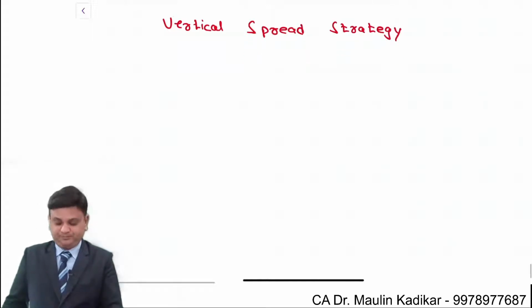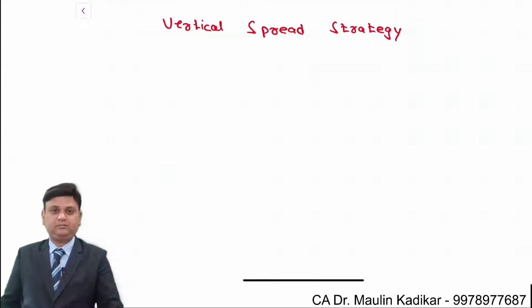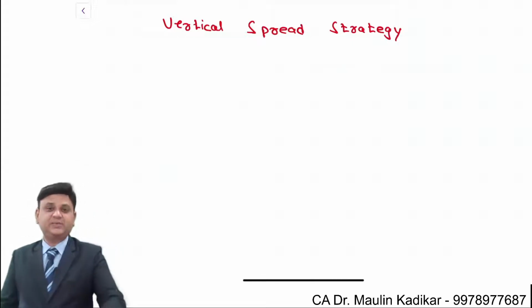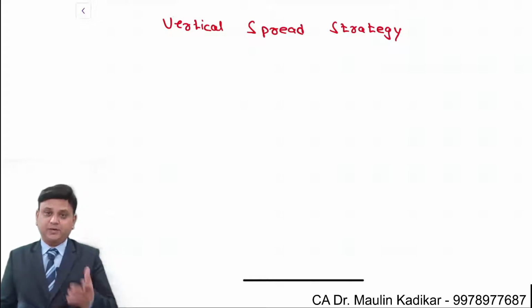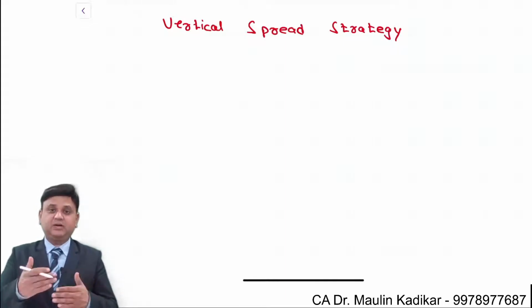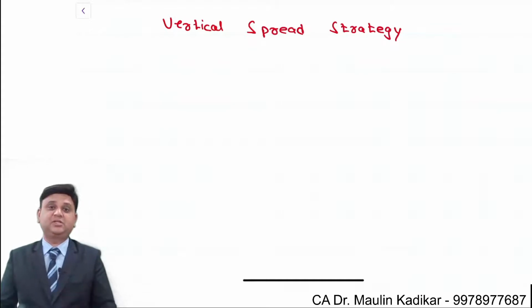In that, everybody is requested to pay attention. Vertical spread strategy is a strategy that you can adopt for the purpose of making gain, taking into account your expectation about the change in the price of the security in future.